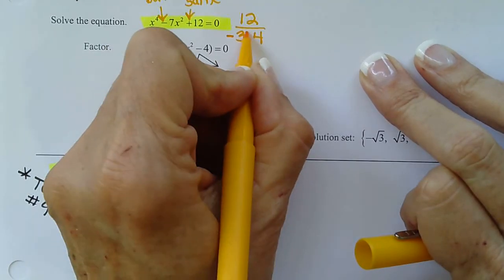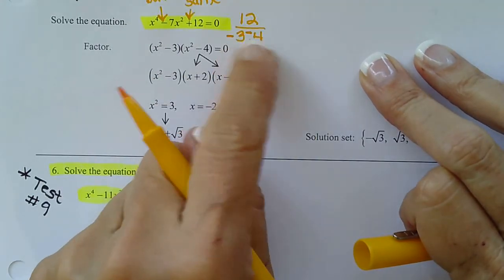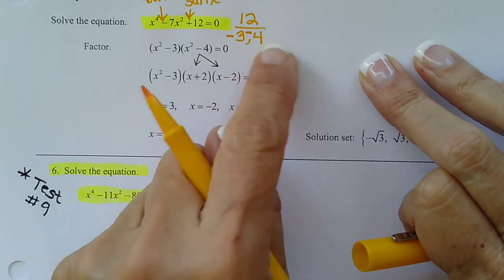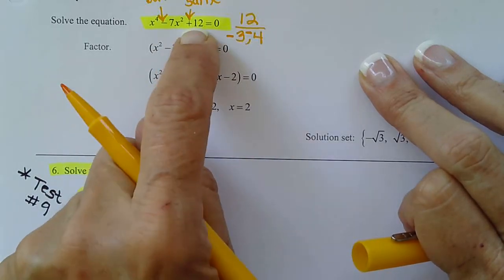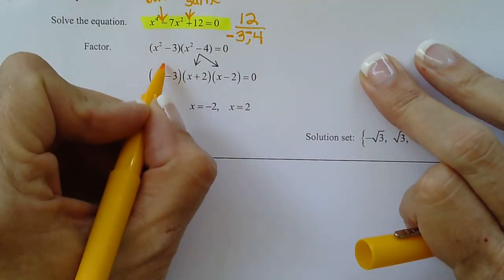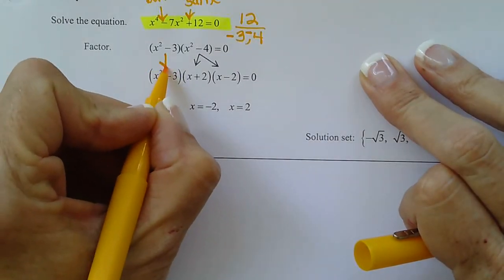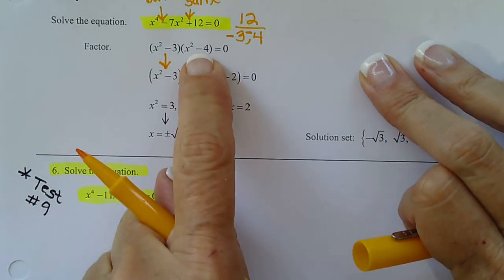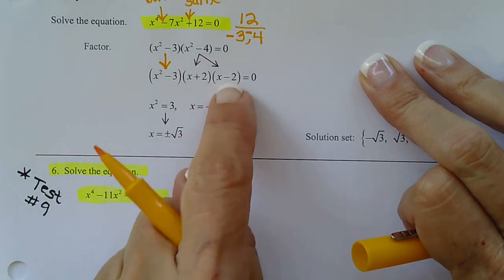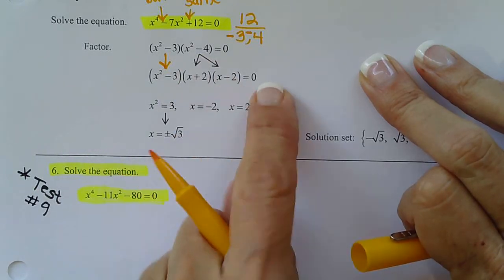And you can always check to see that it's correct. Is -3 plus -4 -7? Yes. Is -3 times -4 positive 12? Yes. So x squared minus 3 can't be factored because it's not a difference of squares, but this you learned in chapter 4 is a difference of squares. So then we break it down into x plus 2, x minus 2 equals 0.